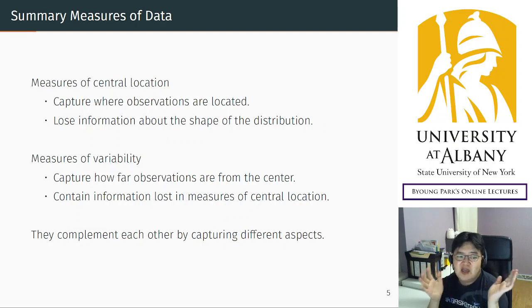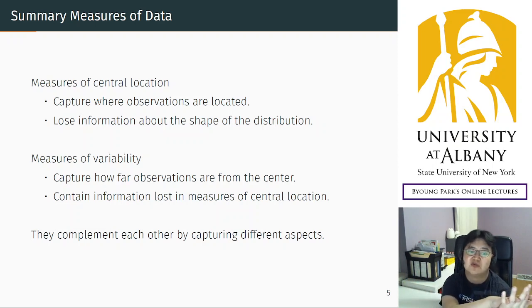So it contains exactly the information that's not contained in the measure of central location. In that sense, the measures of variability complement the measures of central location.